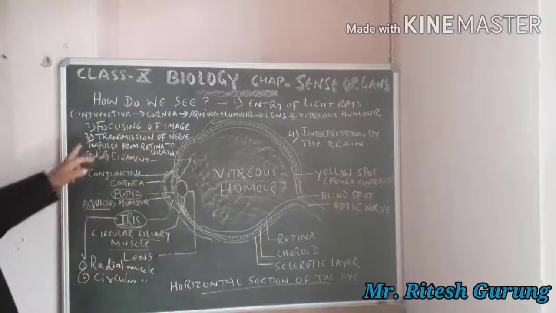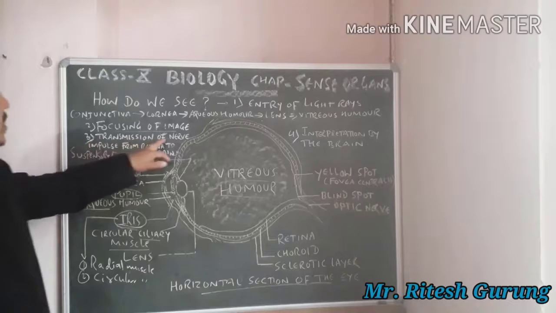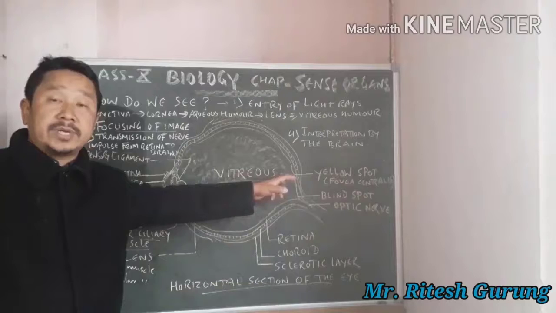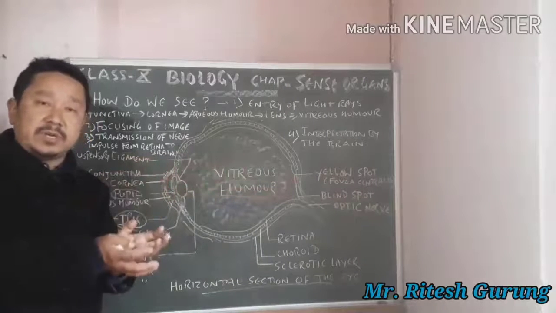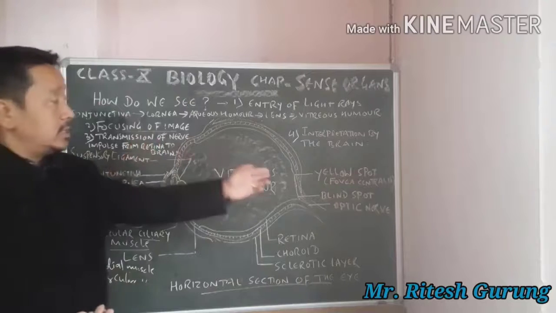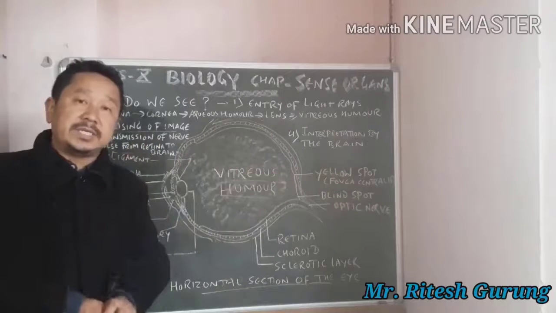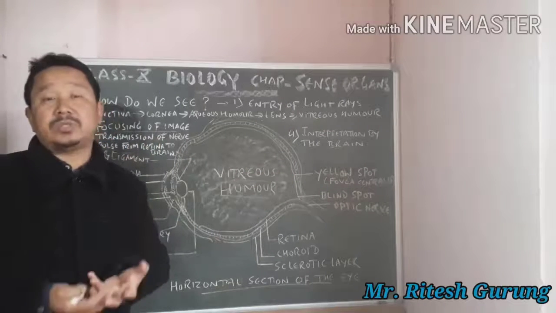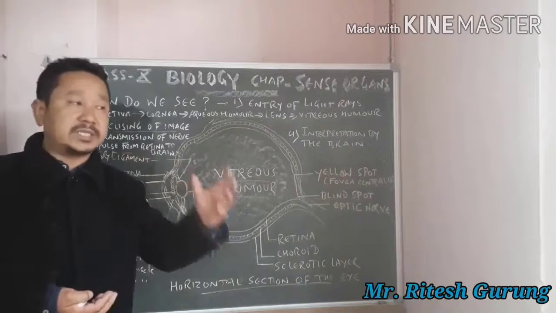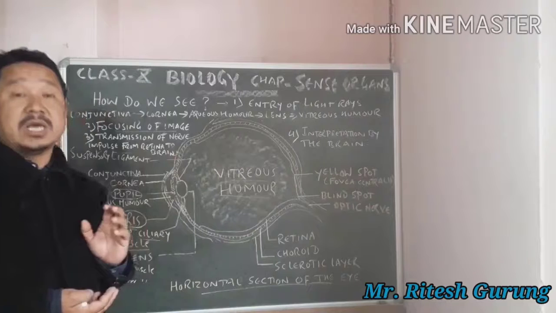Then the third one is transmission of nerve impulse from retina to brain. Here in the retina the image is already formed, but it is inverted. This retina, as you have already discussed, is formed of a number of sensory cells, rod cells and cone cells, which we discussed in the last session.